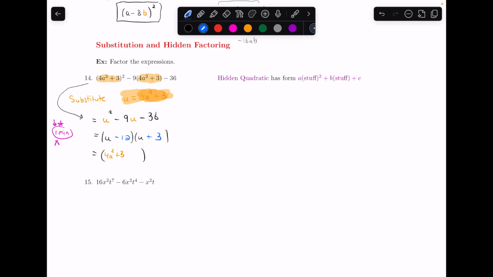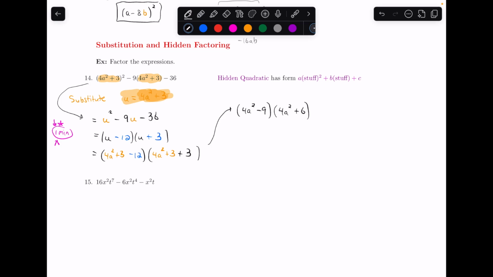So I'll get that minus 12, and then in my next parentheses, I'm plugging back in for the u, 4a² + 3, and then I've got that other plus 3. I could simplify each of these parentheses a little bit. The first one becomes 4a² − 9, and the second one becomes 4a² + 6.